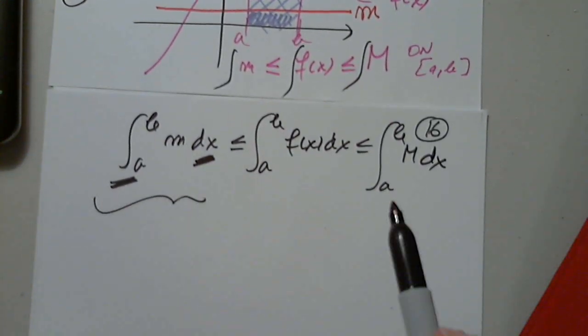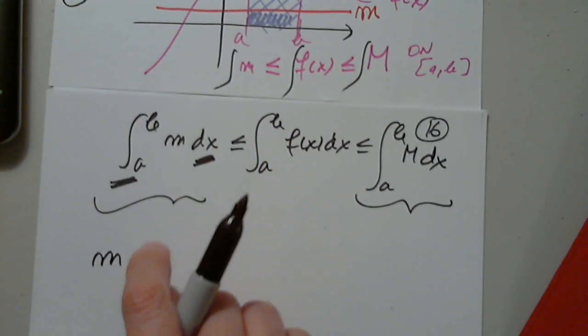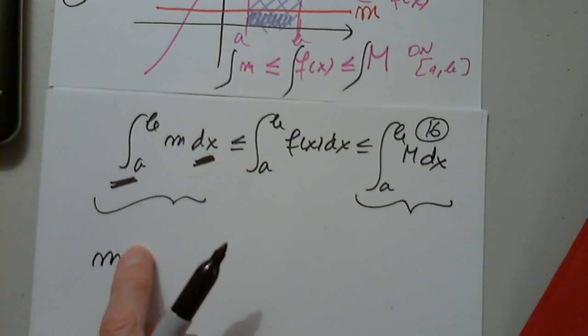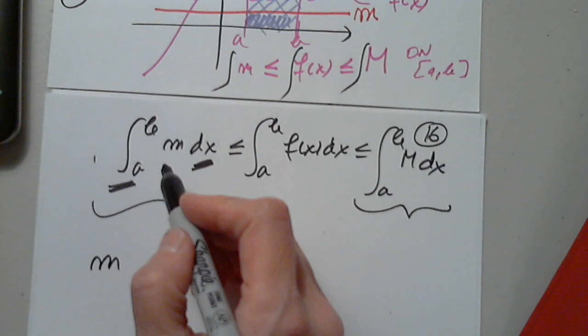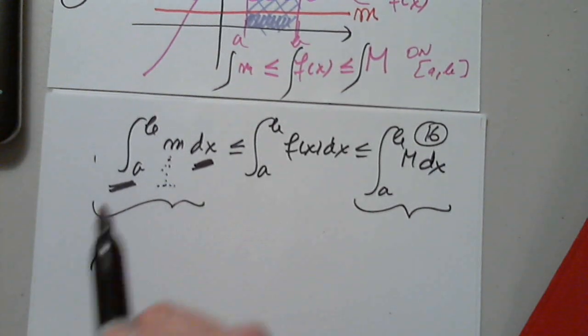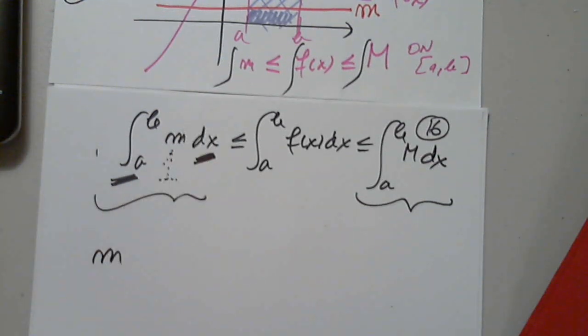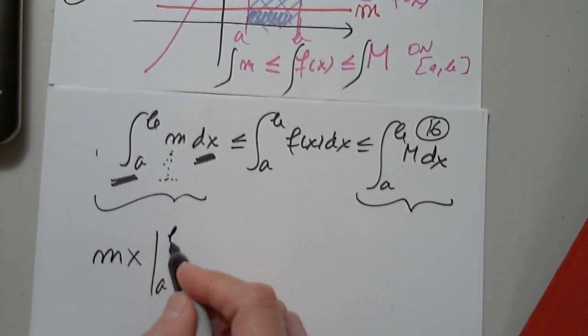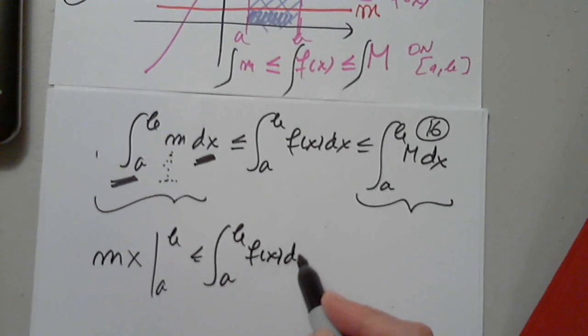We are able to determine these. M is a constant, so it goes outside. Which function prime is 1? Give me a function that we differentiate to get 1, because once I move this here, there is only 1 left. Which function prime is 1? X. Very good. From a to b, less than or equal to the integral from a to b of f of x dx.